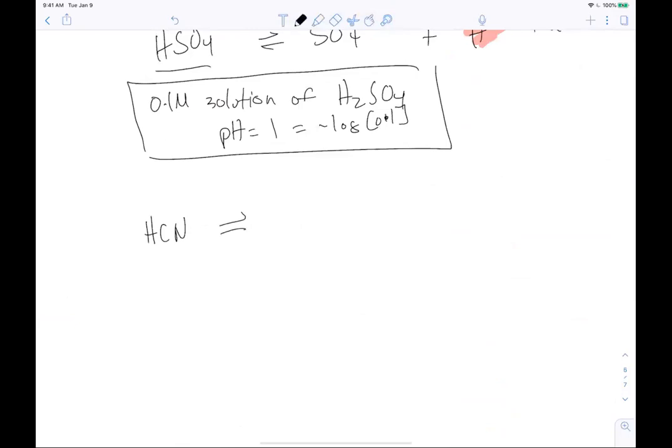All it means is that at equilibrium, you don't have 100% of that. So if you look at HCl, if I start with 1 molar of this, at equilibrium I have 1 molar H plus.